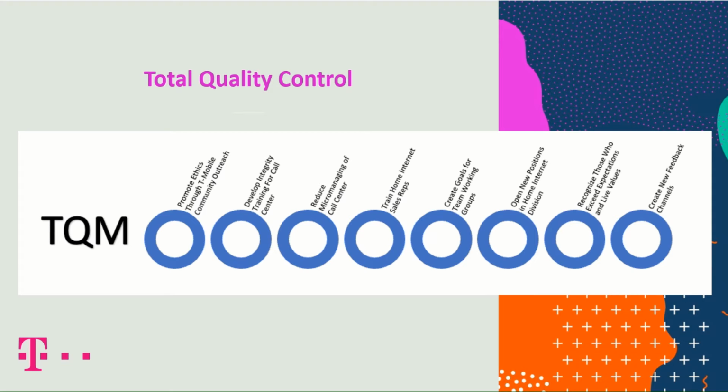Open new positions in the home internet division, recognize those who exceed expectations and live the company values, and create new feedback channels via maybe an employee survey or a company portal.